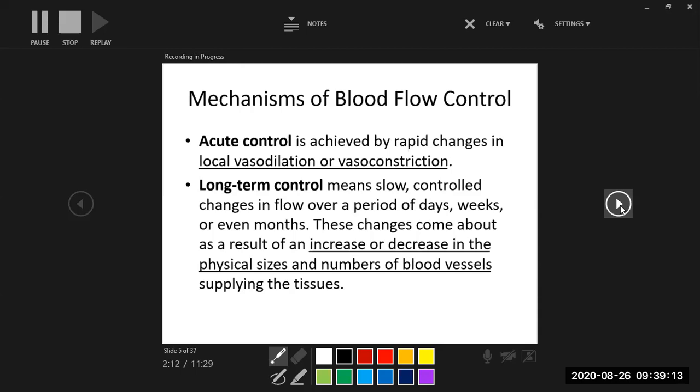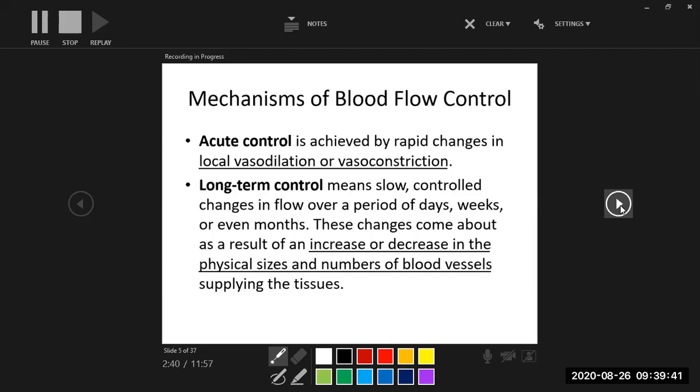When a tumor grows, it grows very quickly, and to provide for that local need of blood, our body will very quickly respond with so-called angiogenesis, providing new vessels to supply this area.